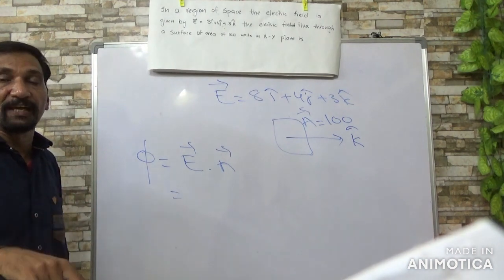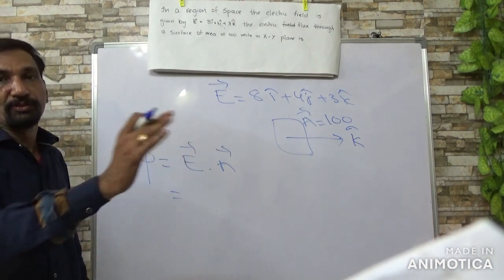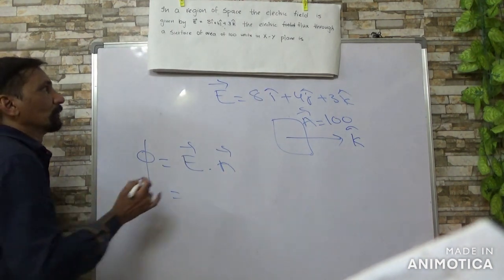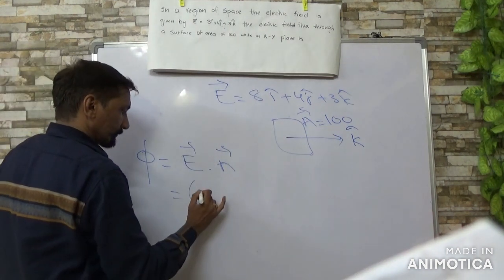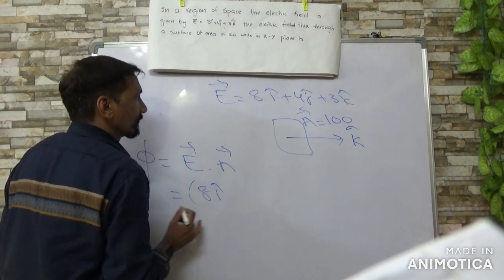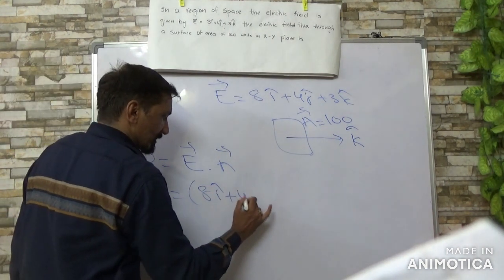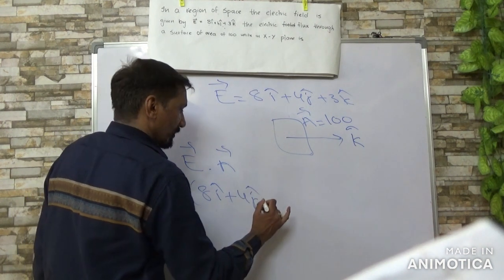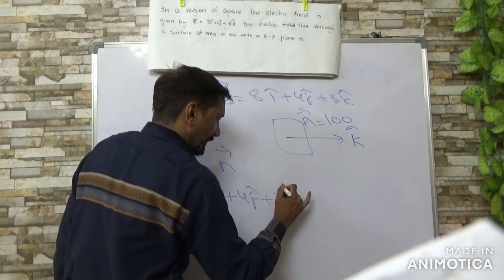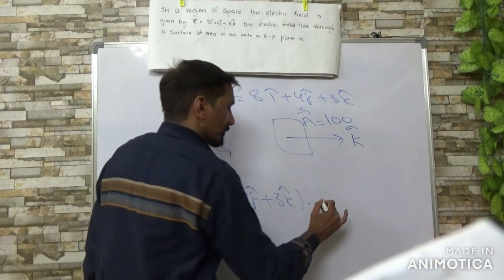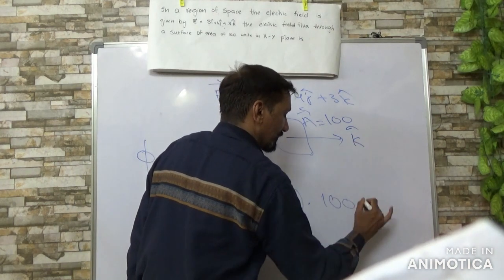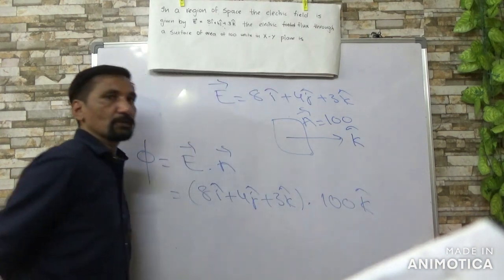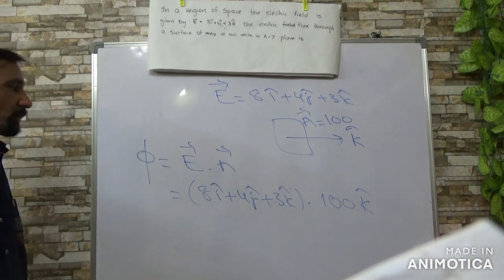Suppose it were the yz plane, then you should take I for x. So E is 8I plus 4J plus 3K, dot 100 K. How to find the dot product?